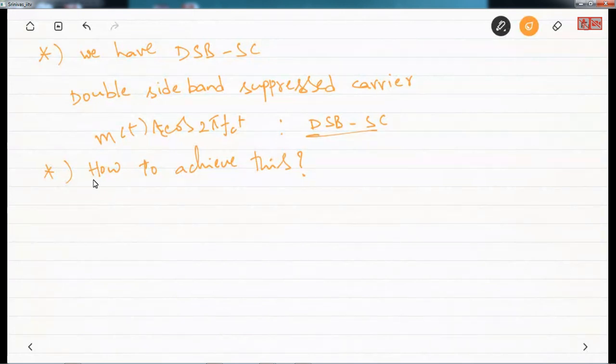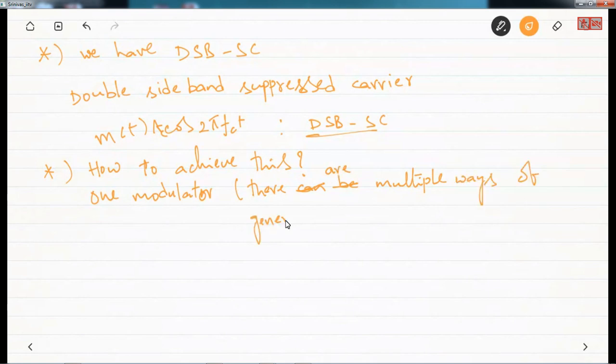As a word of caution, there are multiple ways of generating double sideband suppressed carrier signals, or equivalently, multiple ways of doing the amplitude modulation which gives us double sideband suppressed carrier signals, right? So let me look at my notes.